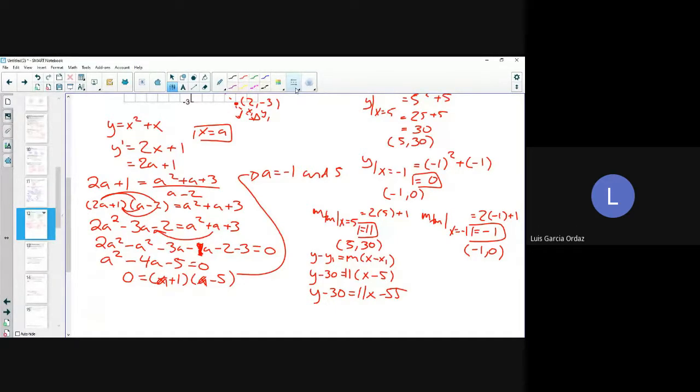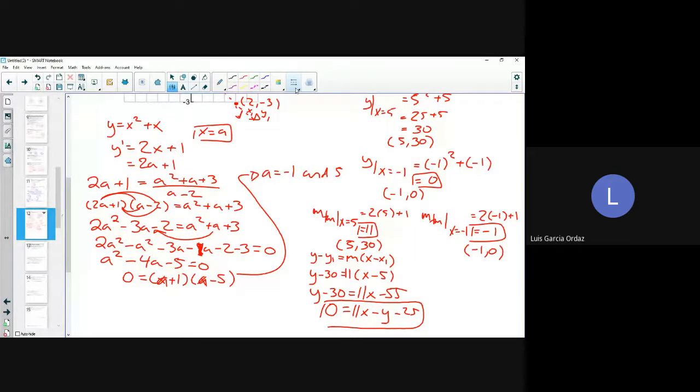I'm going to bring it over into standard form. So I get 0 is equal to 11x minus y minus 25, which is my tangent where it hits the curve at 5 and 30.